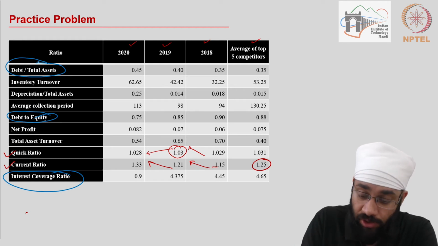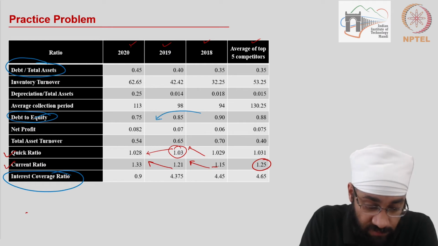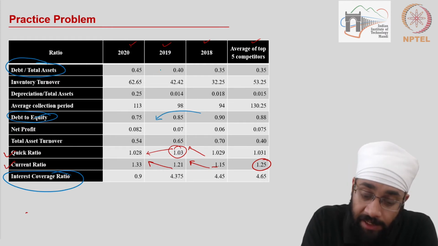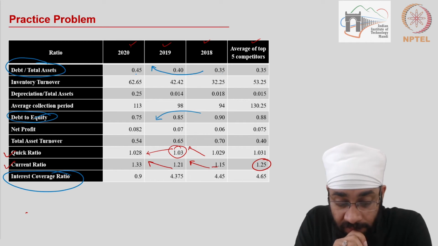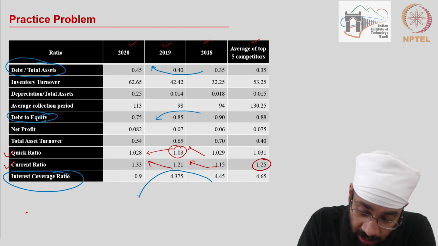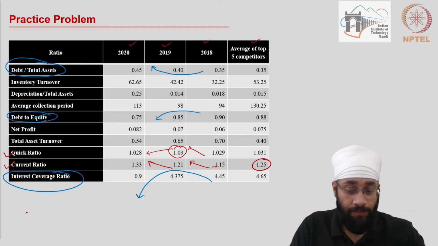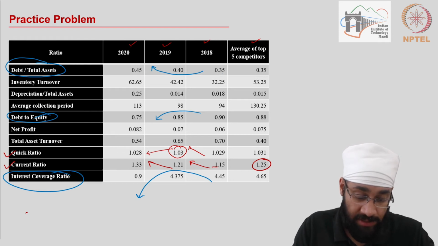So debt to equity ratio is actually going down, fine. The debt in the company is going up, from 35% to 40% of the total value of the assets, and the interest coverage ratio has actually significantly gone down. So let's bring these numbers to a new page and then discuss these.